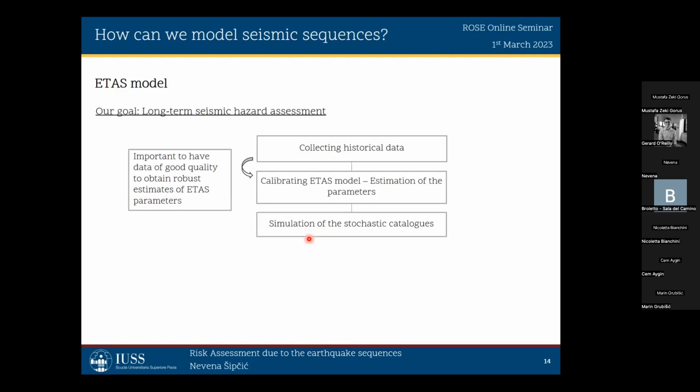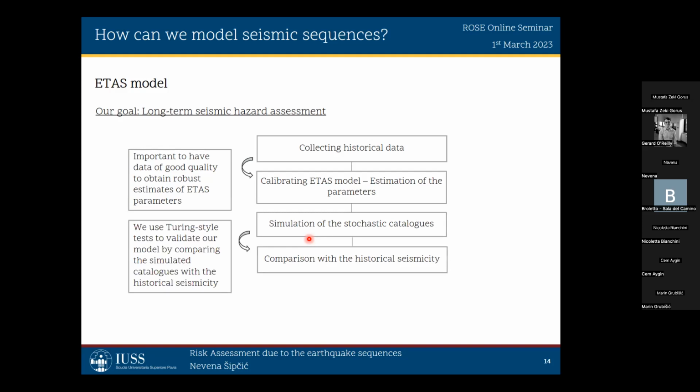After this, we simulate the stochastic catalogs, and we compare these catalogs with the historical seismicity. Here we use Turing-style tests. I'm going to show you which tests I use to validate our model by comparing the simulated catalogs with the historical seismicity. And lastly, we use the model to estimate the hazard at the site of our interest in a certain time window.